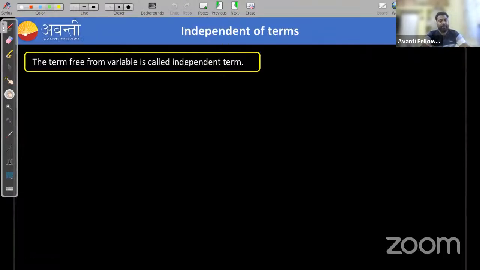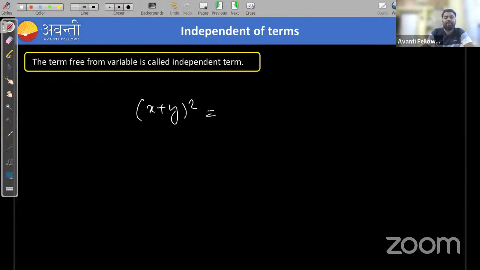Now let's move to independent terms. This is very simple, guys. An independent term is the term which is free of variable. If we solve one question, then you can understand. Suppose we take x plus y whole square.